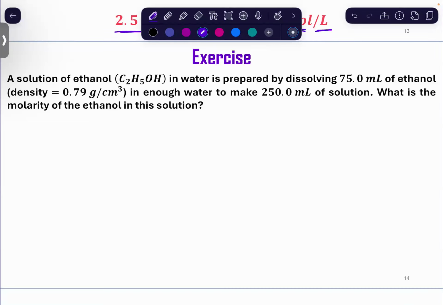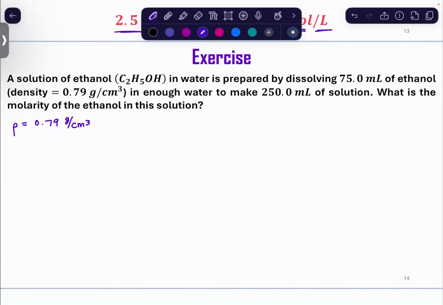So make sure you're getting this when you do your assignments. You want to talk about quantities that you know. You want to talk about what the exercise is actually asking you for. So in this case, you can say, well, the density is 0.79 grams per cubic centimeter.